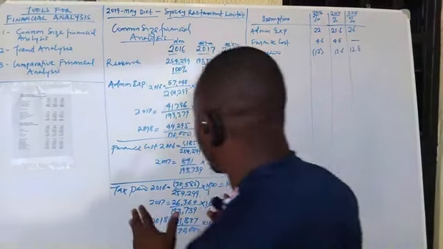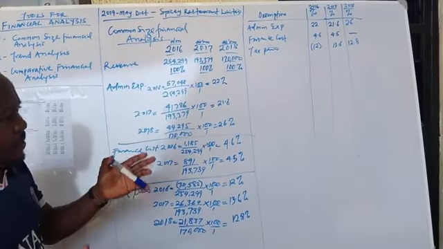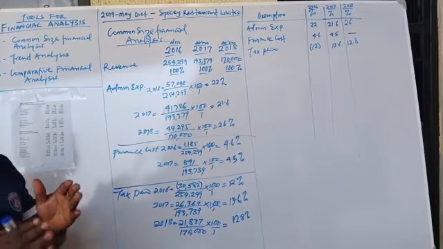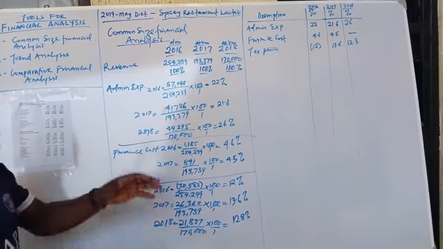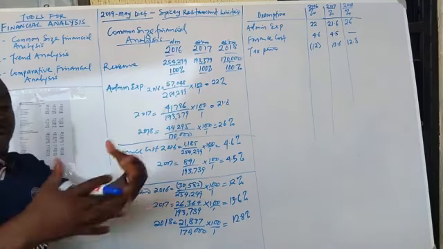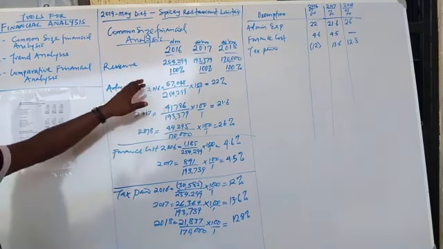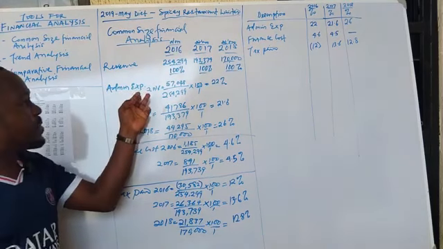Okay, now let's come back to why common size financial analysis. Why is it important for us to use common size financial analysis? It is important for us to know the proportion of each of the items on the amount, because the whole essence of business is actually the sales we are making. So what proportion of revenue is the admin expenses?